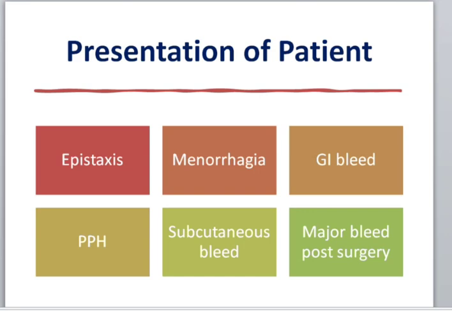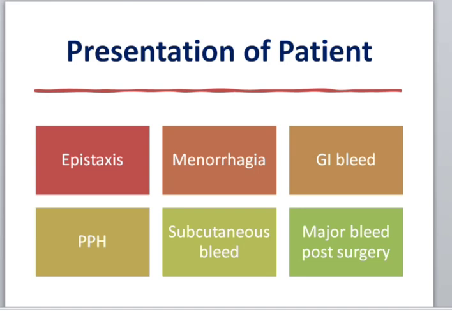Just like all bleeding disorders, they can come with epistaxis, menorrhagia, GI bleed, postpartum hemorrhage, subcutaneous bleed, or major bleed post-surgery. Our patient has a major bleed post-surgery. It can come as a GI bleed as well.